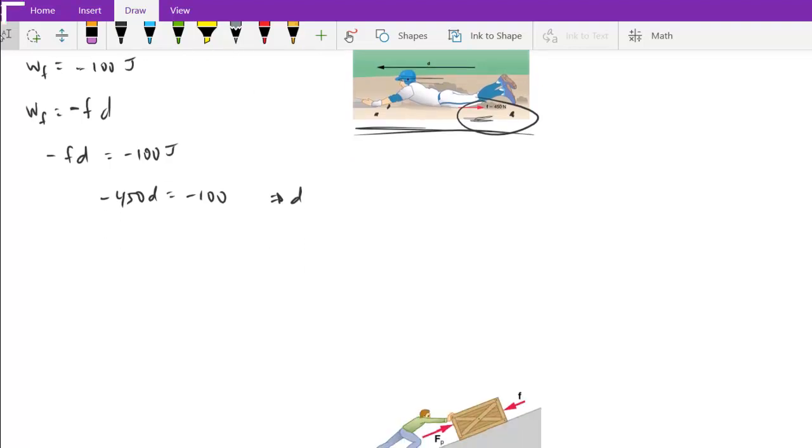If he's on a horizontal surface, we'd just have negative mu k mg d is equal to negative 1/2 m times v initial squared, and of course the masses would cancel out here, and we can solve it from there. So it becomes a very nice, very succinct equation.